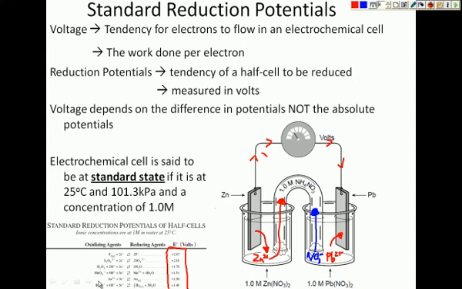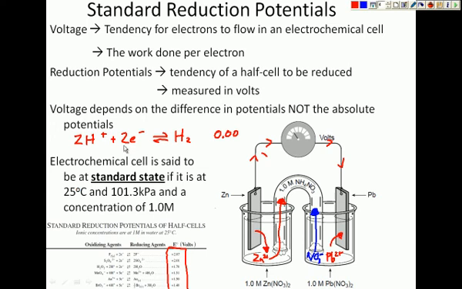If you look on this table, you'll see that it's all compared to this: 2H plus 2 electrons makes H2 gas. It says the volts for this one is 0.00. That does not mean that this produces 0.00. It means that everything is compared to this. This is the standard that everything else is compared to.